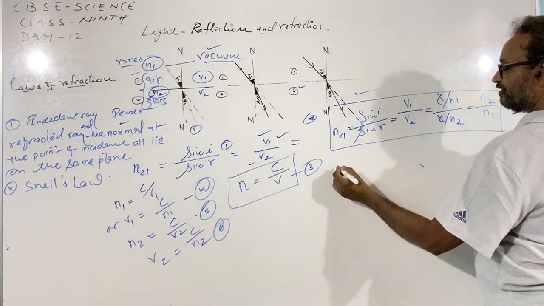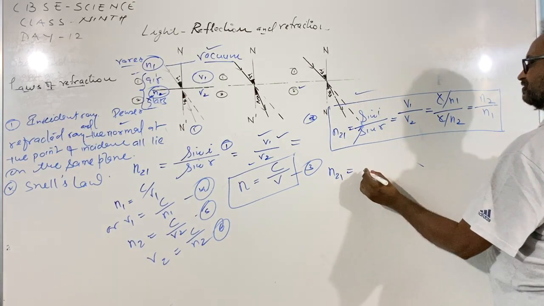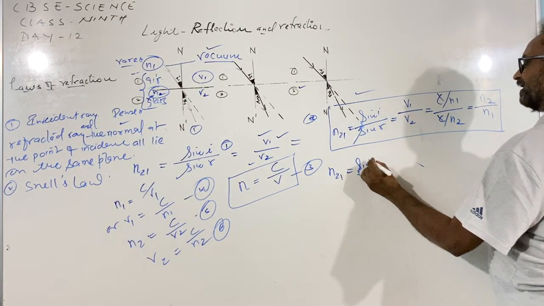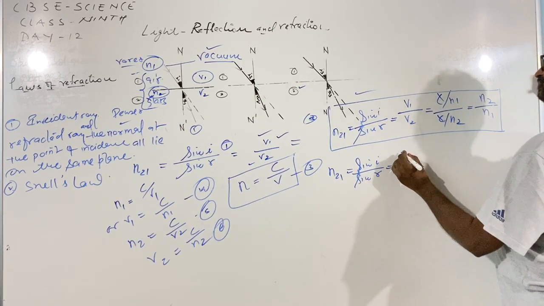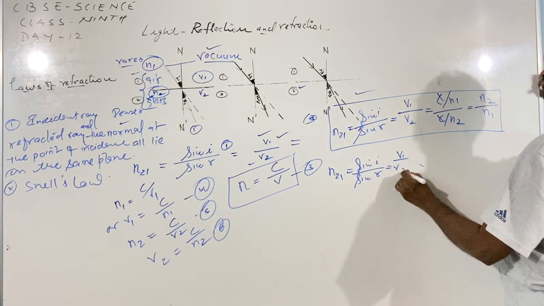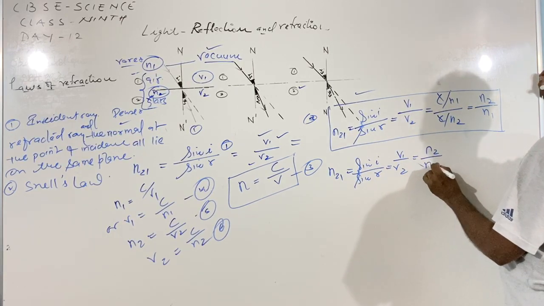Therefore, refractive index of the second medium with respect to first medium is equal to sin i over sin r is equal to v1 over v2 is also equal to n2 over n1.